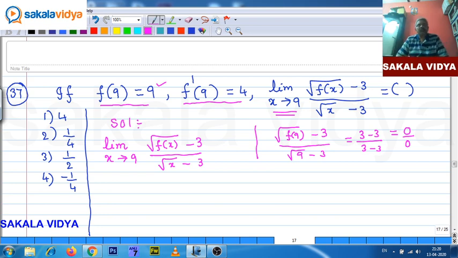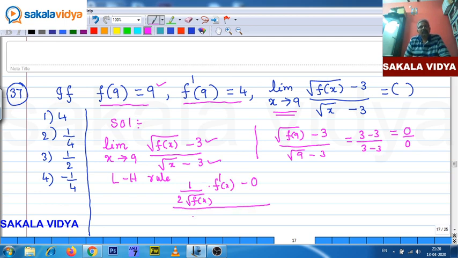We can apply L'Hospital's rule. LH rule means numerator and denominator are to be separately differentiated. So the derivative of root f of x is 1 by 2 root f of x into the derivative of f of x, which is f dash x, minus 3 differentiates to 0.